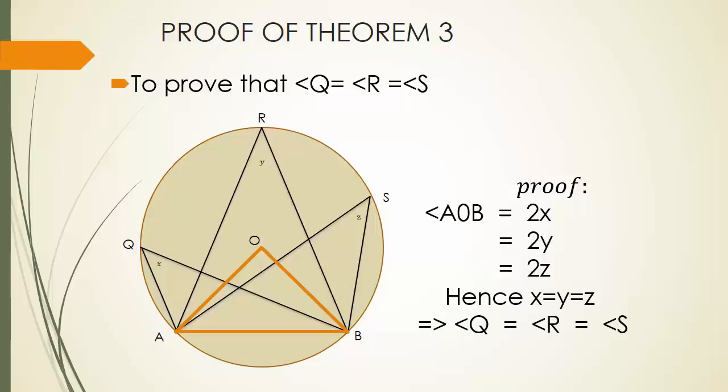So we can finally conclude that the angle made at Q is equal to the angle made at R and also the angle made at S. How simple this may look, but you need to do more practice to become more perfect in it.